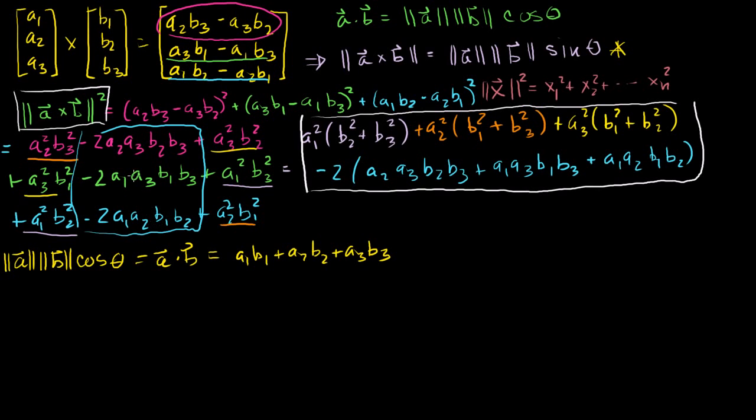Now, just to make sure that I get to do the hairiest problem possible, let's take the square of both sides. If we square this side, you get a squared, b squared, cosine squared. Then you get a dot b squared, or you get this whole thing squared.